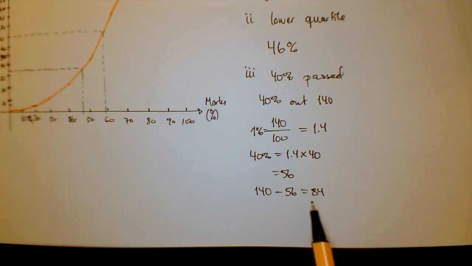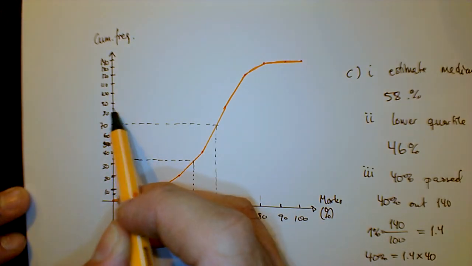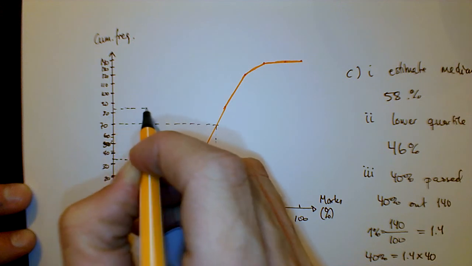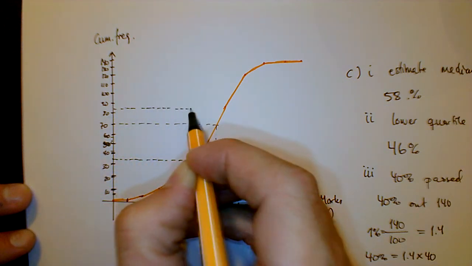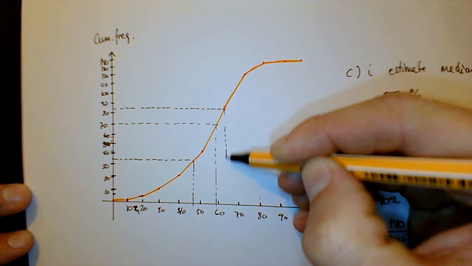So then we use the cumulative frequency graph again. Go up to 84. If you did this more accurately than I did, then you would probably get some different values. At 84, we go down, and we get, say, 64, 65 or something like that.